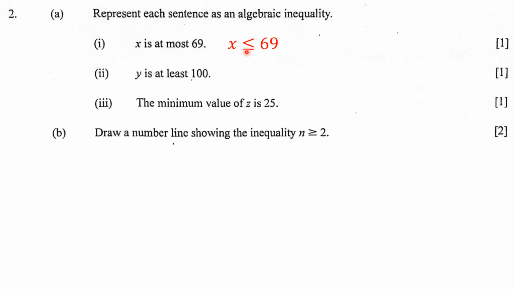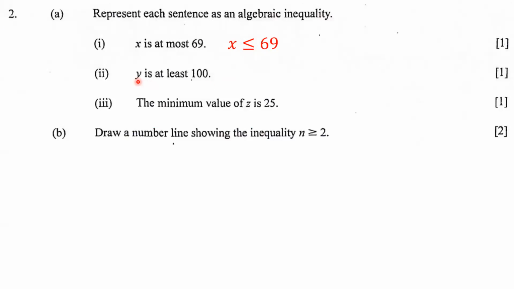So it's basically 69 and lower, right? So that's why it says x is less than or equal to 69. We put the equal to sign, which is a line underneath. So this is less than, and we put equal to by the bar underneath to indicate that x could be 69, right? So x is 69, or x could be lower than 69.